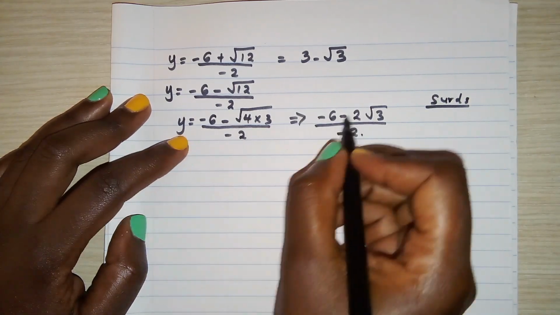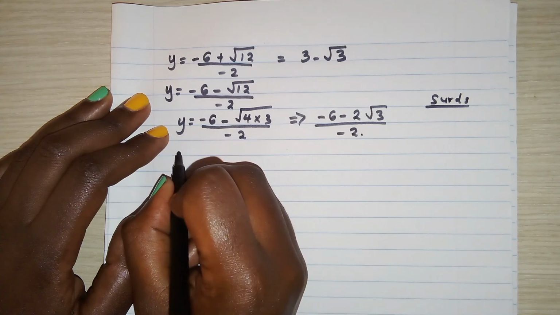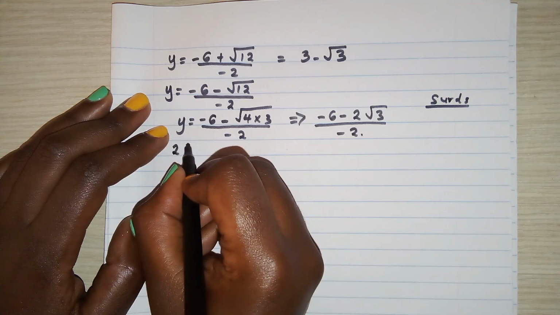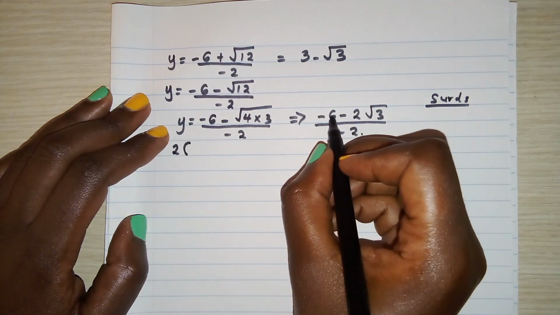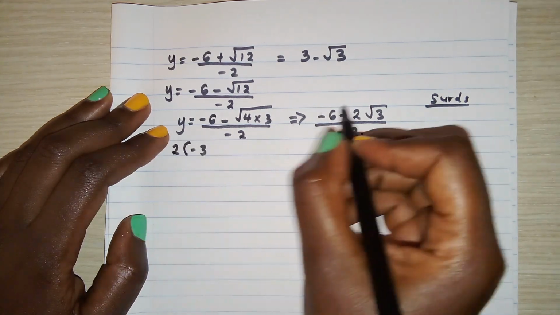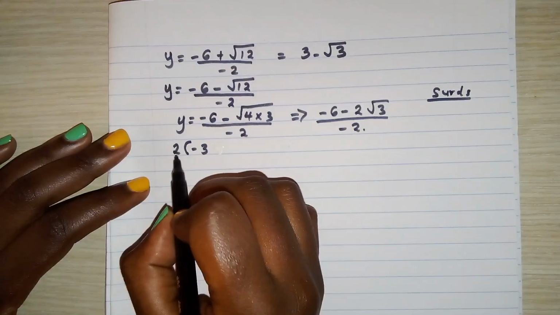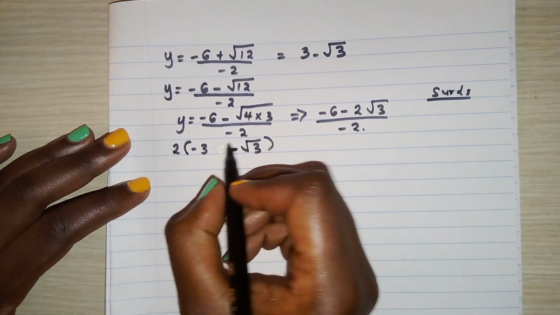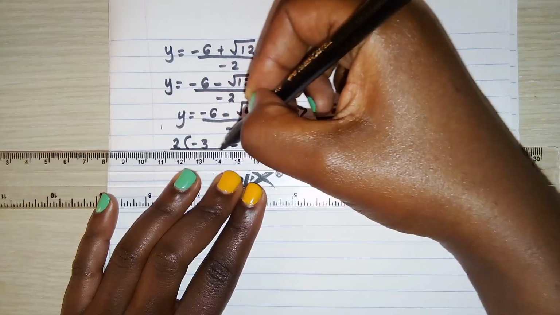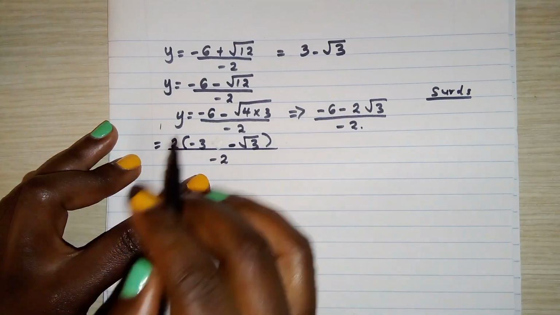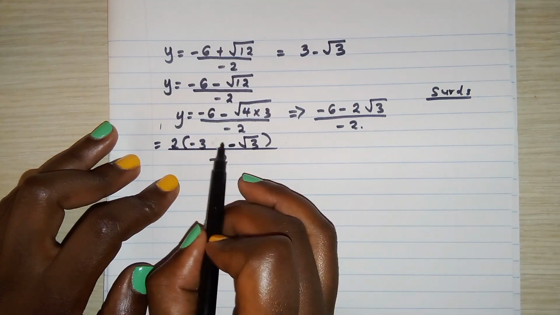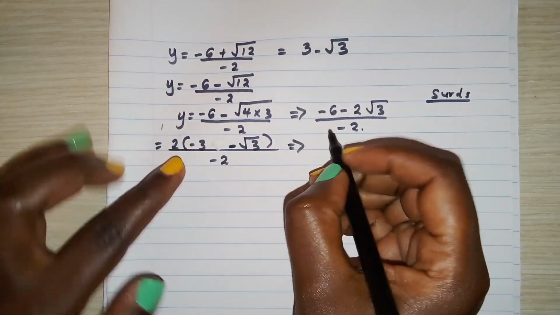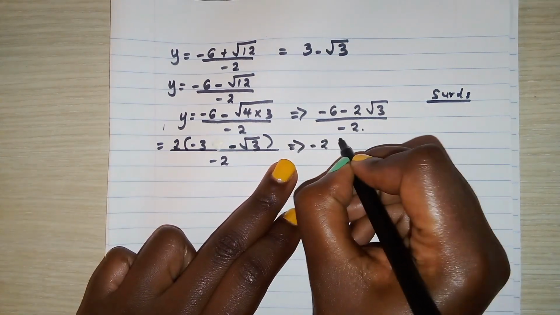The next step is to factorize this one. So the highest common factor we have is 2, into bracket. This one divided by 2 would be negative 3. Negative 2 root 3 divided by 2 would be negative root 3, all over negative 2. And I can see here we have a minus and a minus, so we can factorize this one again. We remove the minus outside, so negative 2.